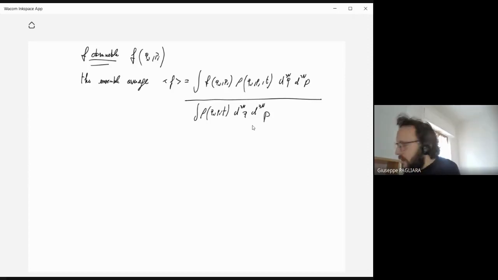Okay, so the ensemble average that I was introducing before, which was substituting the time average, now has the following form, where I introduce a distribution function rho.